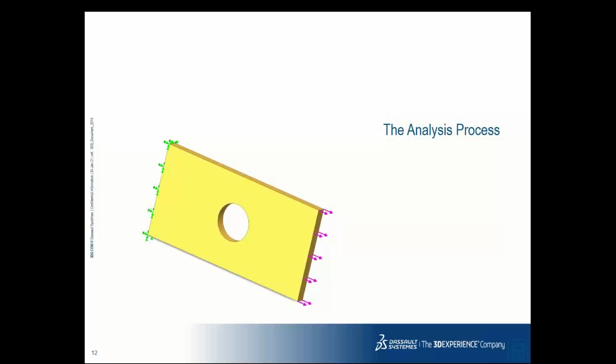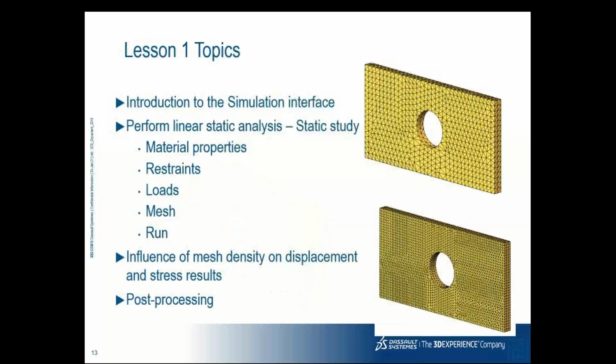Okay, so I'll just walk you through the basic analysis process that we follow while solving the simulations. I'll introduce you to the FEA simulation window for the first time now. In this particular example, we'll be seeing the introduction to the simulation interface, different material properties, what kind of material properties are important while solving the linear static analysis.